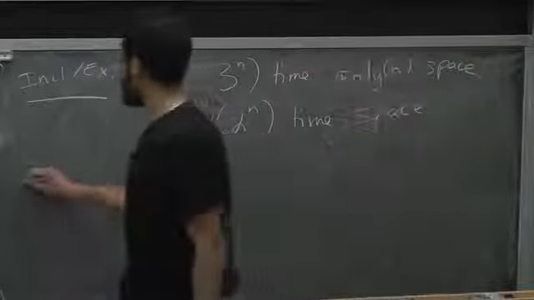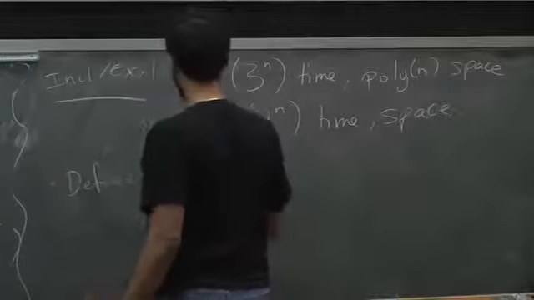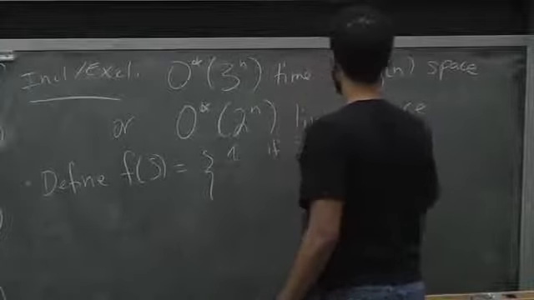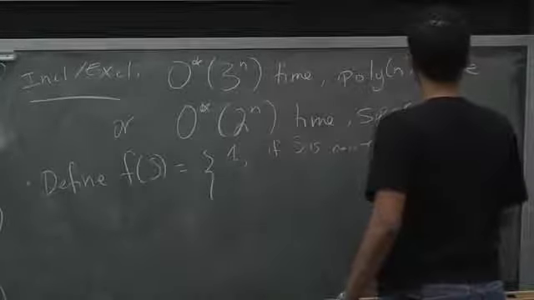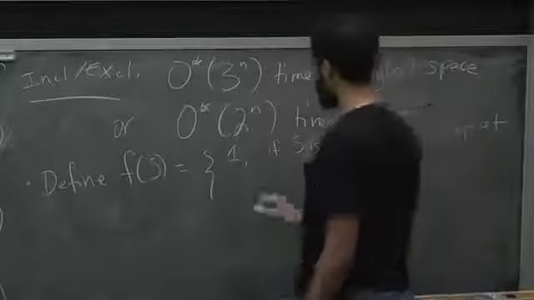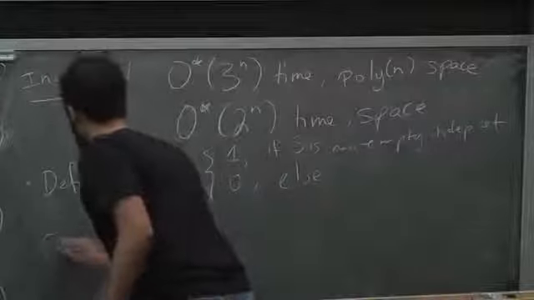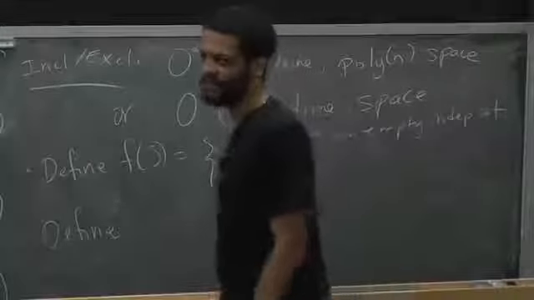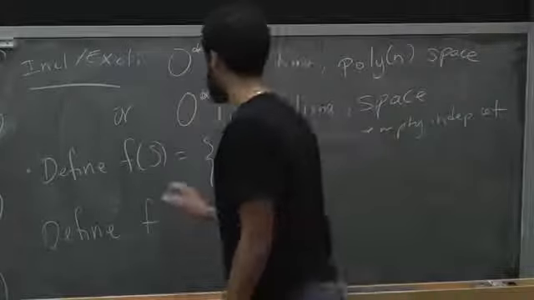Let's define f of S to be 1 if S is a non-empty independent set, and 0 otherwise, and define the, well, it's called the zeta transform.